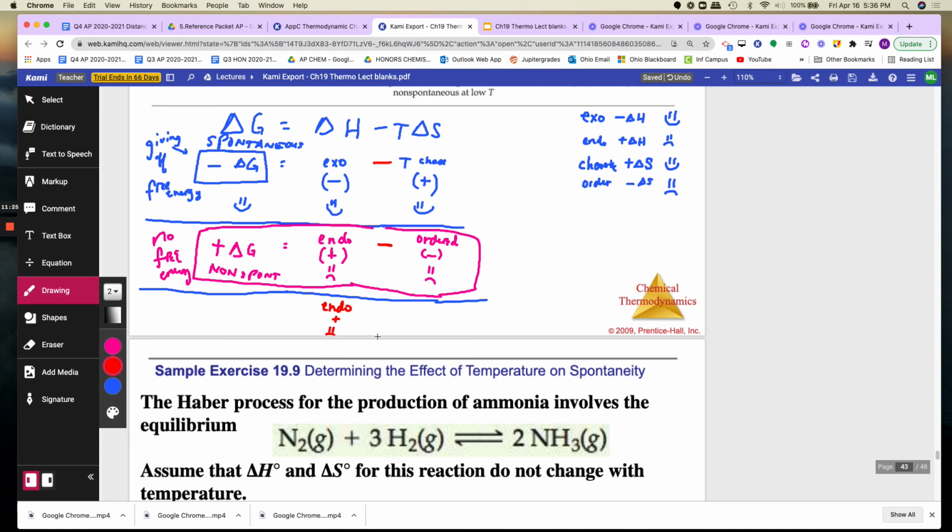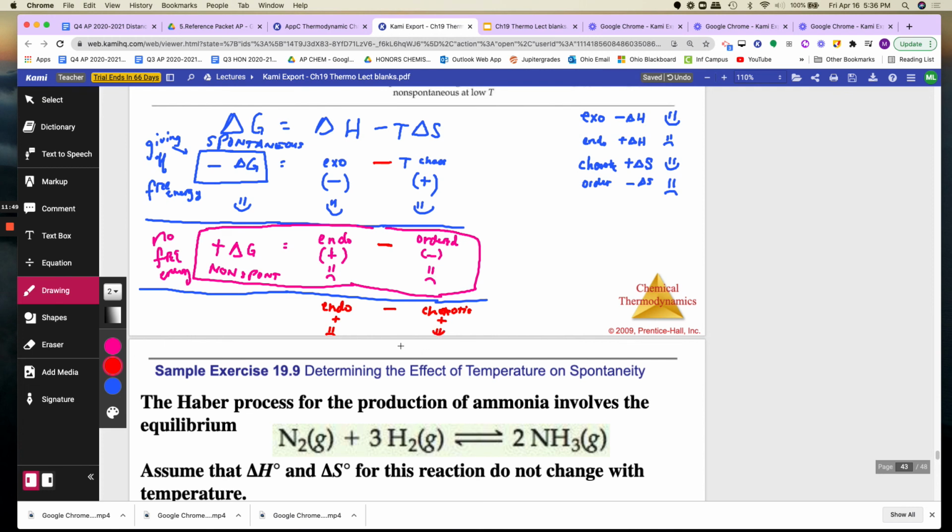I don't want to put energy in. Minus, let's say, even though it's endothermic, oh my gosh, it became very chaotic, right? So it has a lot of microstates. That is positive delta S, and that is really good. Happy face.